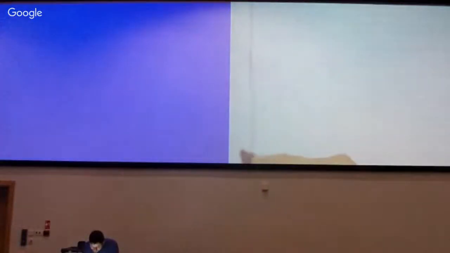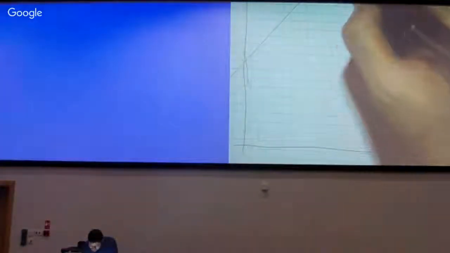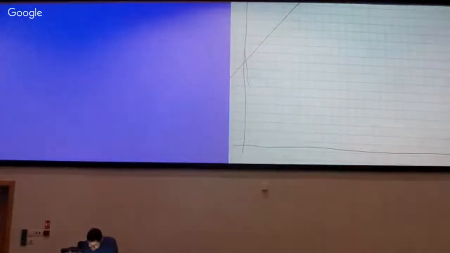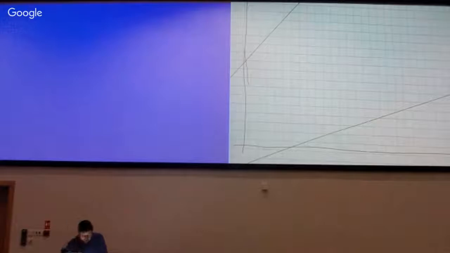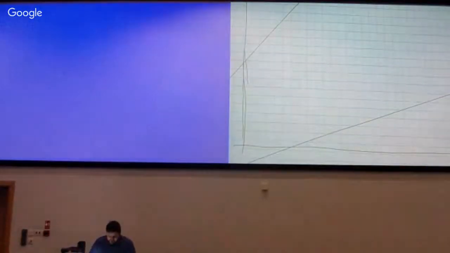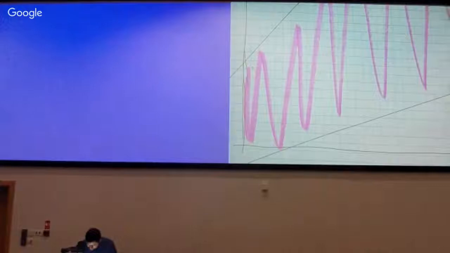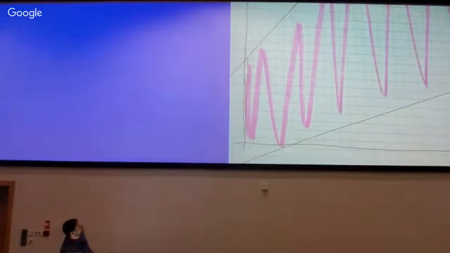When I have something like this, this is x1, this is x2. Let's say one constraint, this is another constraint, and the feasible region is everything in between. And I'm trying to maximize some function that is going up and to the right.